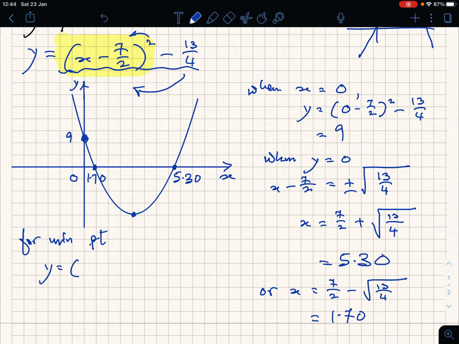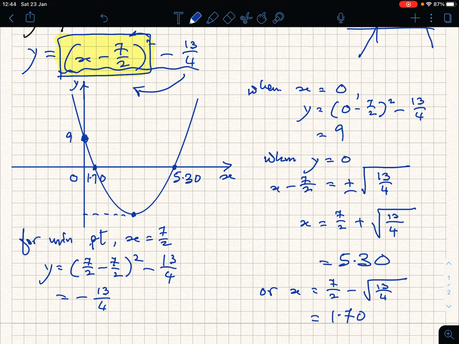In order for whatever is inside this bracket to be 0, x must be positive 7 over 2. Then y equals 0 squared plus minus 13 over 4, so you get negative 13 over 4. So this is your minimum point of y, negative 13 over 4, and the corresponding value of x will be 7 over 2.